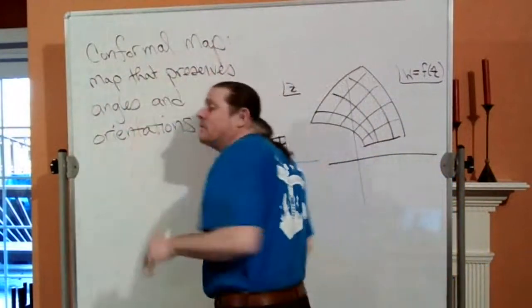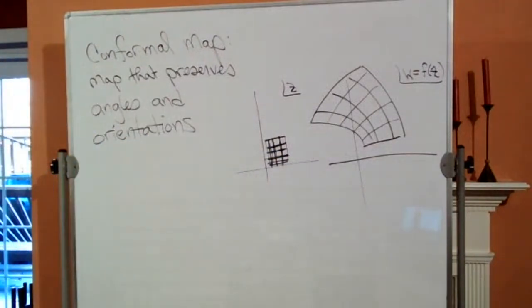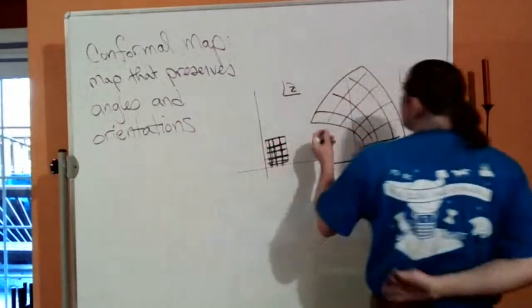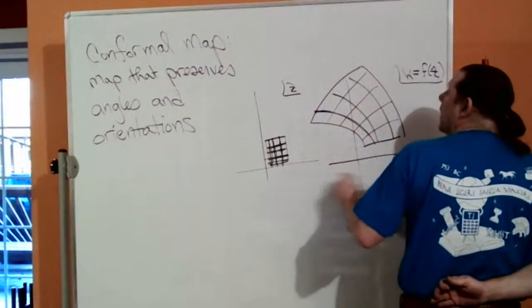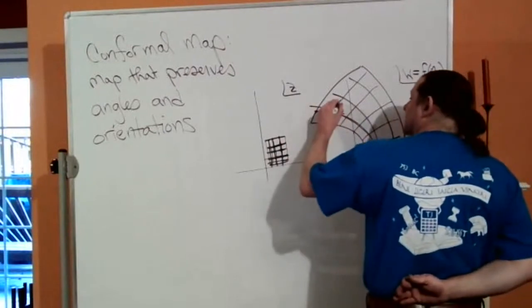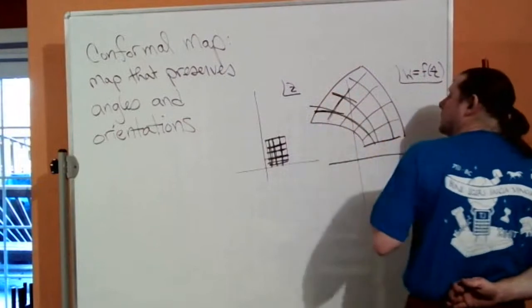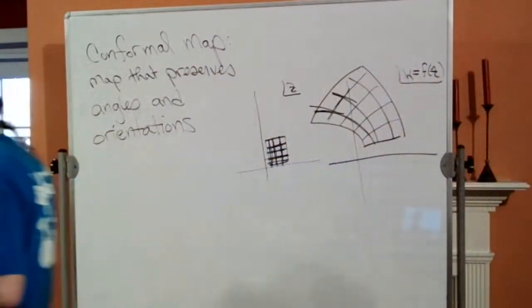If my map is conformal, then it must preserve those angles. So these can be curves if they want to, but the tangent lines to those curves must be perpendicular at every point of intersection.